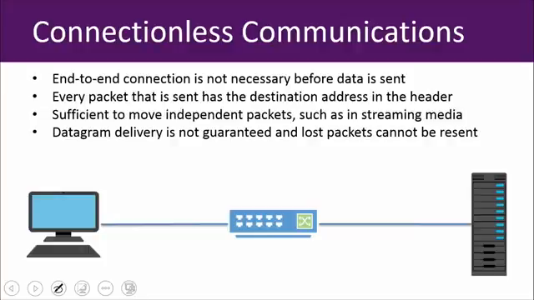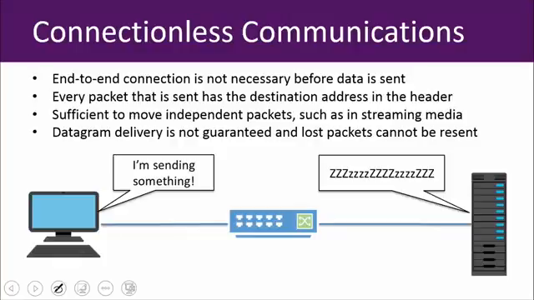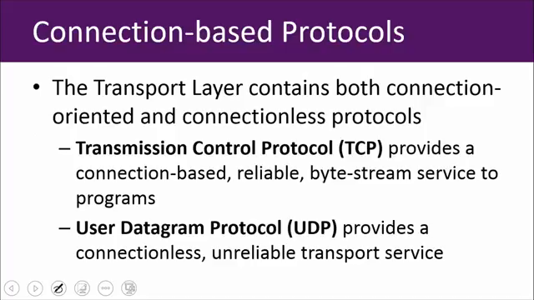So in a different example, a PC is saying, I'm sending something, and of course you've got a server over here that's just sleeping at the wheel. So we're going to send packets in a stream, and there's absolutely no guarantee that they have been received.